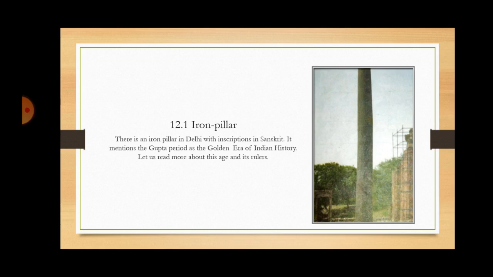So, the golden age, the Guptas, right? They rose to prominence in 320 CE by taking over the areas which were under control of Kushanas and Satavahanas. They dominated the history of India for the next 2 centuries.